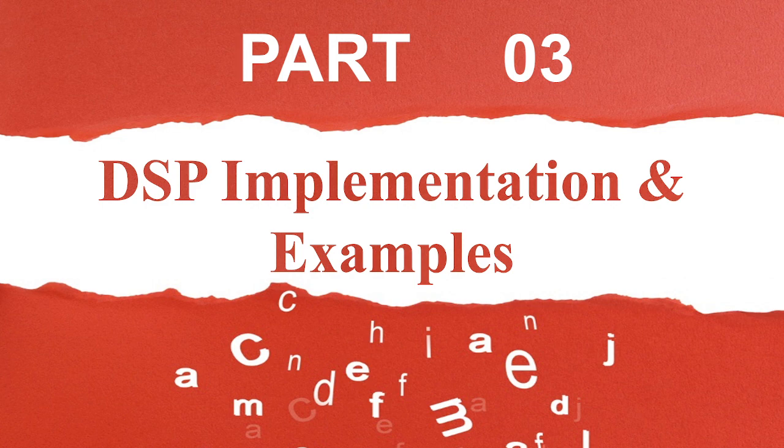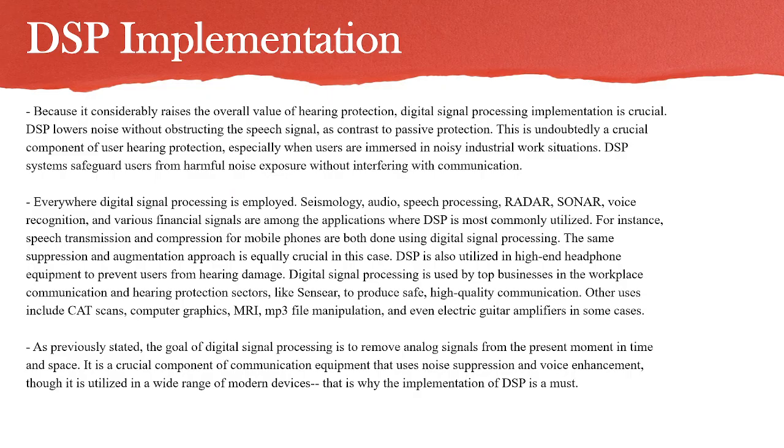Next, part three, DSP implementation and examples. Because it considerably raises the overall value of hearing protection, digital signal processing implementation is crucial. DSP can be implemented in such a large area of the industry.